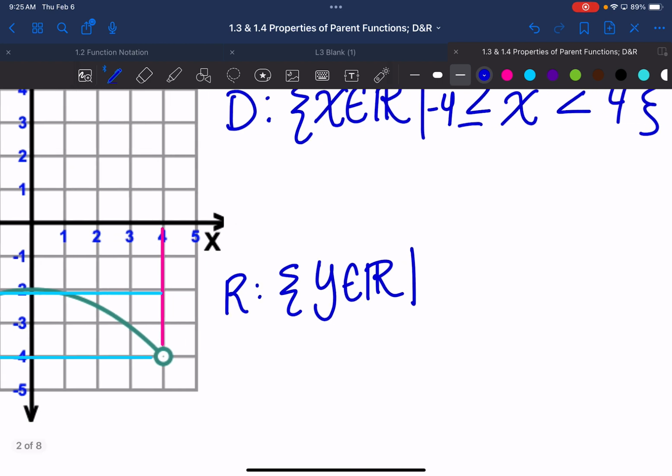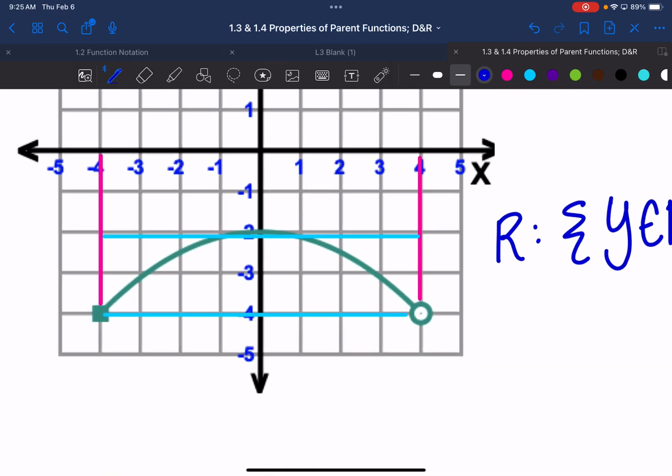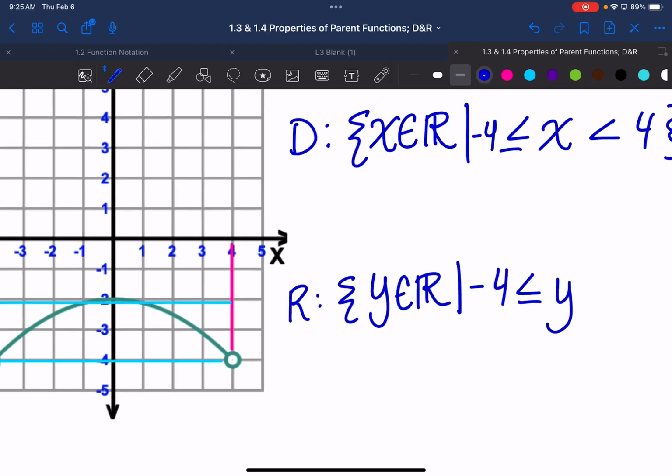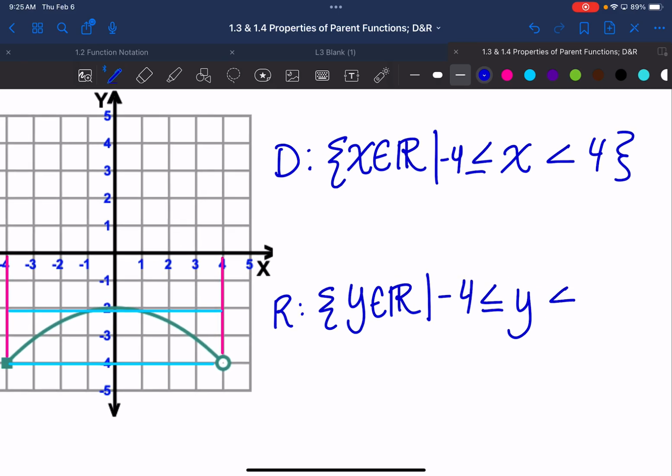So I can use the less than or equal to -4 for Y, since it is defined there on Y, right? Even though it's an open circle there, at X equals -4, there is a Y value of -4. So I can include it. And then same thing, I can be -2. So I can use like the double equal symbol.